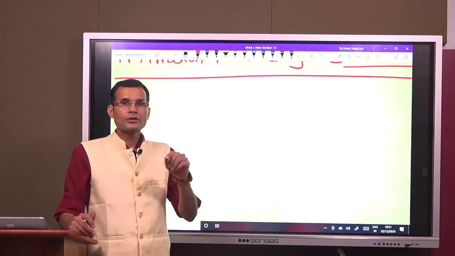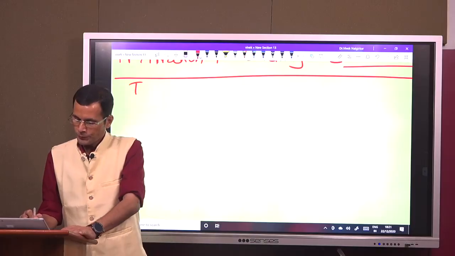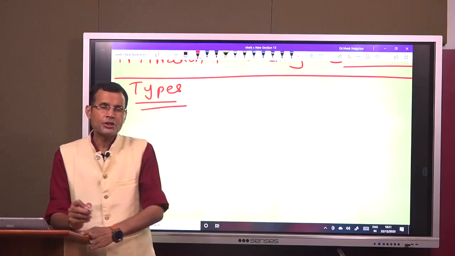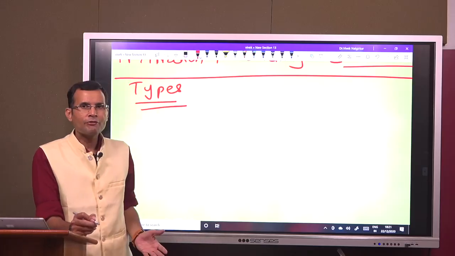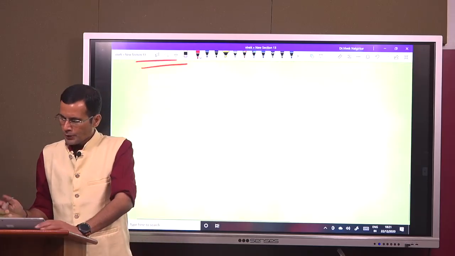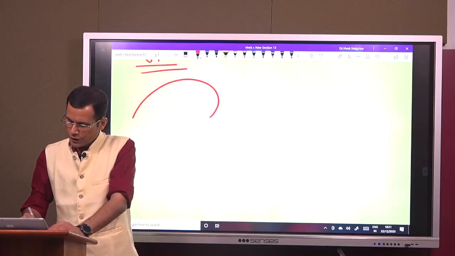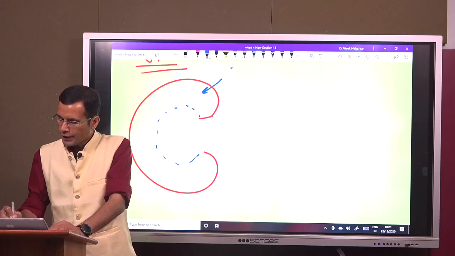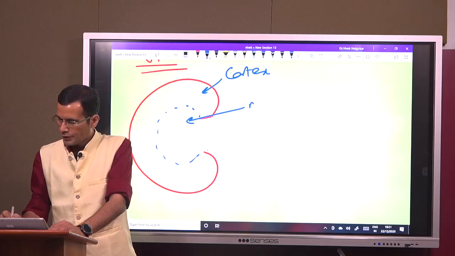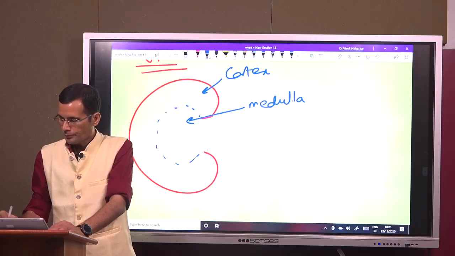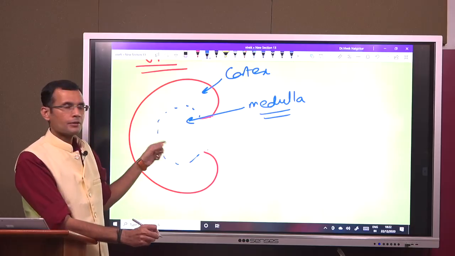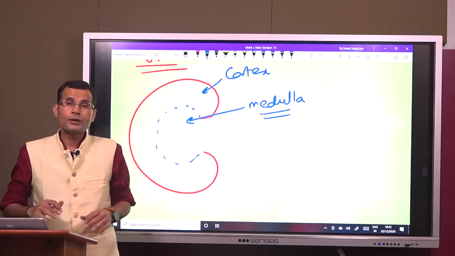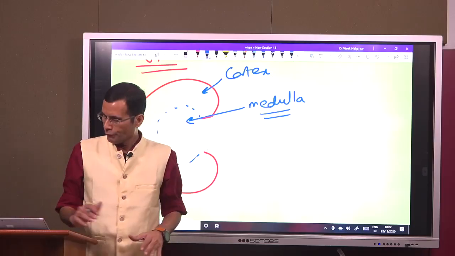Now, let's see the types of nephron. Each kidney is made up of about 1 million nephrons. Now, if you look at the structure of the kidney, it has two parts. There is the renal cortex, the outer part, and the renal medulla, that is the inner part. And therefore, there are two types of nephrons.